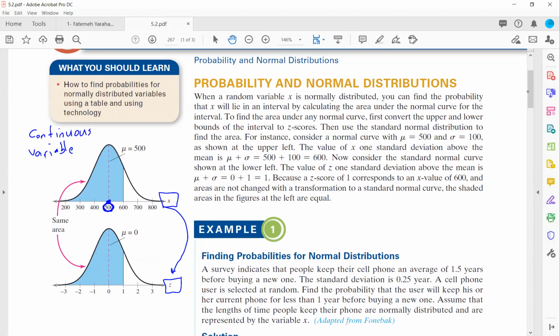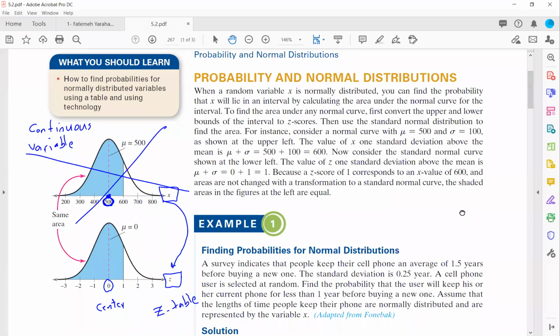Converting 500 into Z, you get 0 as the center, or mean, or median, or the mode. What is our goal? Our goal is to use the Z table. That's why we have to convert everything into Z. We're not working with original data. We're working with Z values to find the probabilities.